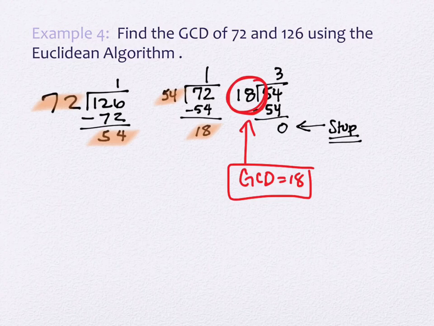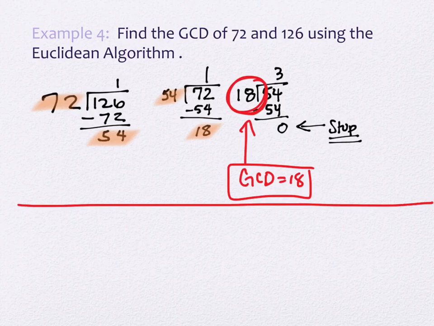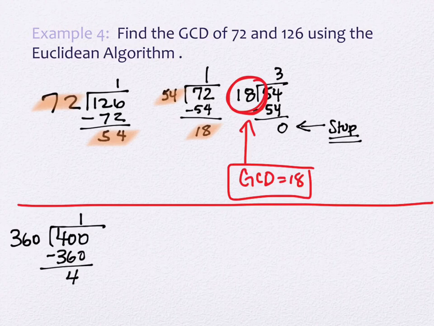So let me actually do that same 400 and 360 that we had before, just so you can see this Euclidean algorithm one more time, because it's a little weird. So I'll just use the same screen that I have here. The bigger number, 400, goes underneath. My smaller 360 goes on the outside. It really does only go in once, but that's just, again, the way these particular numbers are working. I get 40 as a remainder.